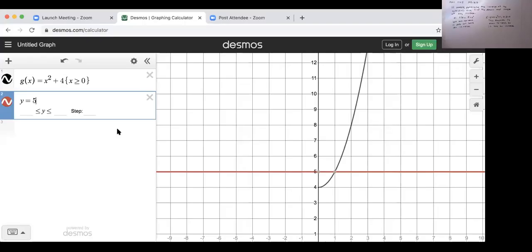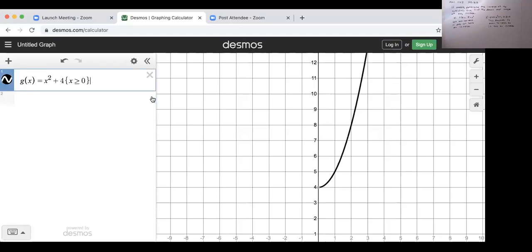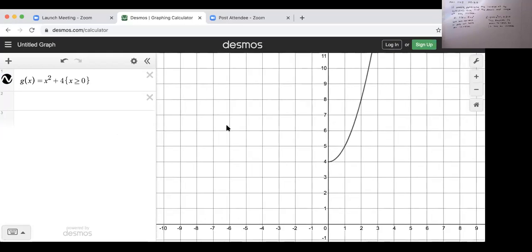What did we call it? We called it g of x. So what's the domain of g and what's the range of g? You'll notice the point 0, 4 is actually on the graph. That's a solid dot. You see that?